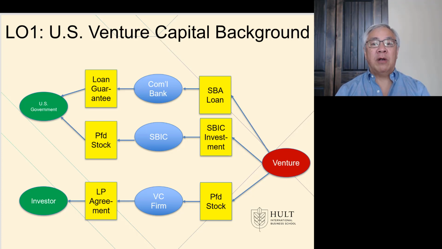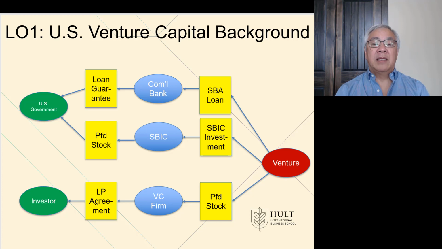All of a sudden, there's more assurance to the bank and therefore lower risk that they're going to get their money back. And even in a bad scenario, they would not bear the brunt of the entire loss. So that's called the SBA loan programs. And the commercial banks make the loans to you, the small business person, and behind the scenes, they work with the government to get what they need to make the loan make sense from a business standpoint to the commercial bank.